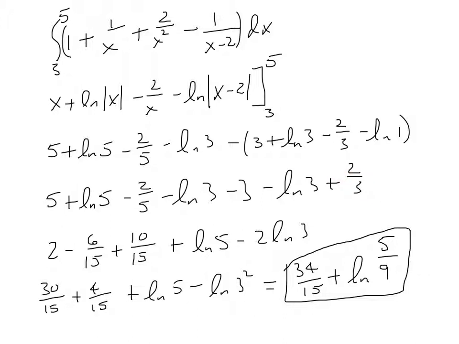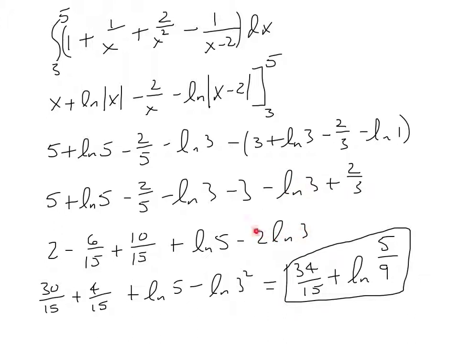Then we combine anything we can: we take the 5 and the minus 3 and make it a 2. I'll take the minus 2/5 and turn that into minus 6/15, because I've got 2/3 over here, and with a common denominator of 15, I'll make that 10/15. And the minus natural log 3 minus natural log 3, I can make minus 2 natural log 3.